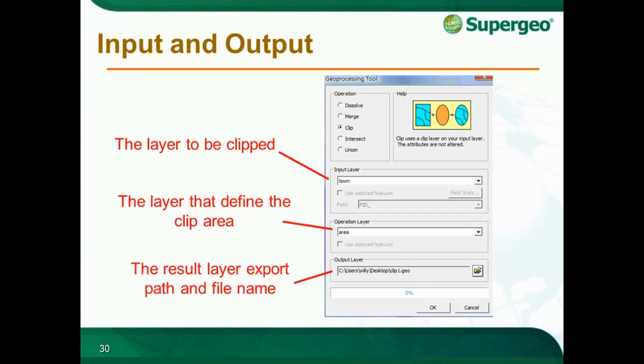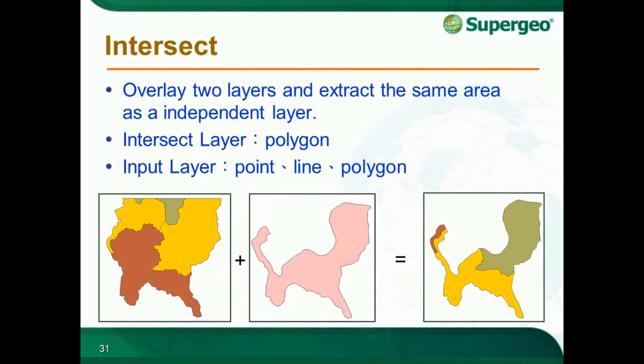And next, we will talk about intersect. The geoprocessing tool intersect computes the geometric intersection of two layers, and then creates a new layer only containing the features in the common area. And the feature table of the new layer will list the data of two layers.